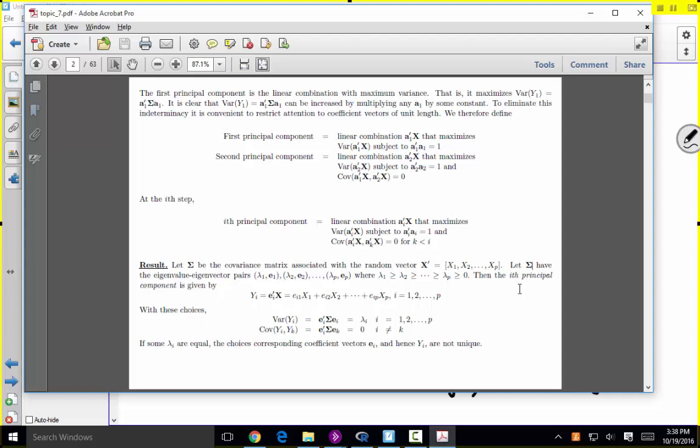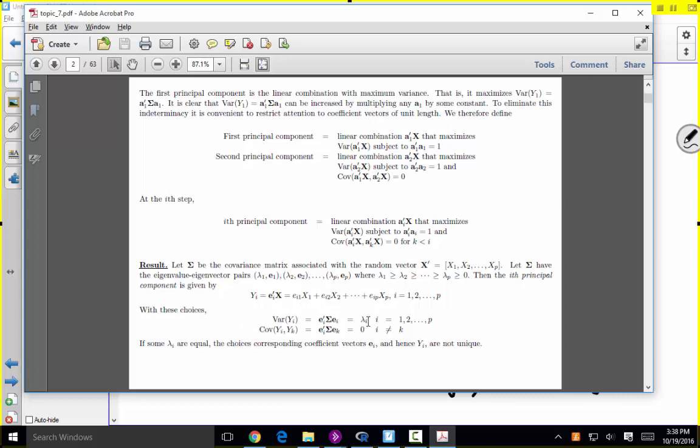The answer to this task, the first principal component, is defined as E1 transpose X, where E1 is the first eigenvector of sigma. The second principal component is E2 transpose X, where E2 is the second eigenvector of sigma.